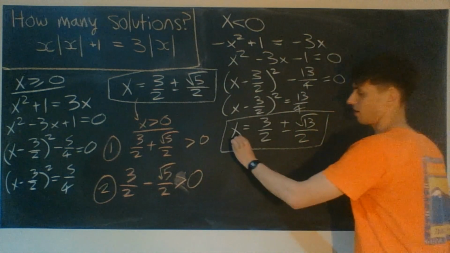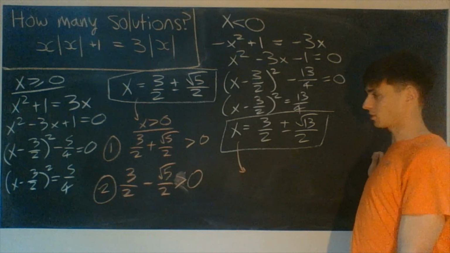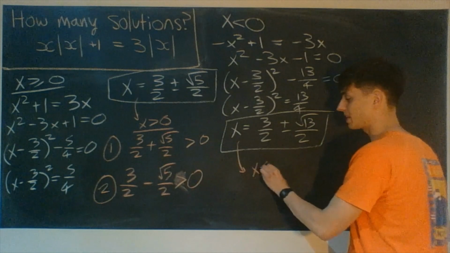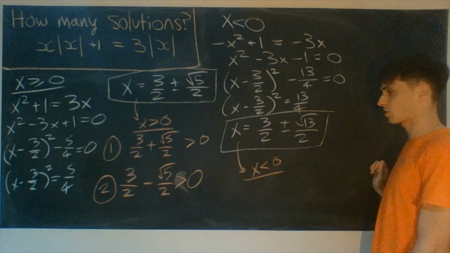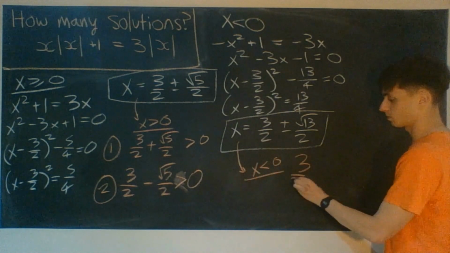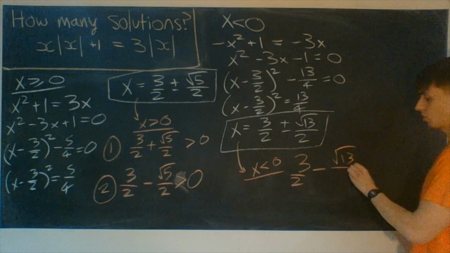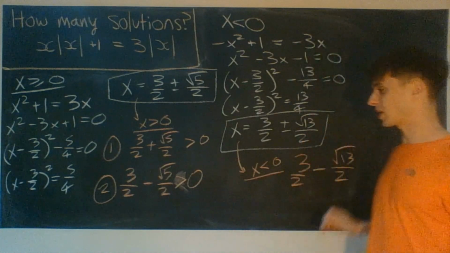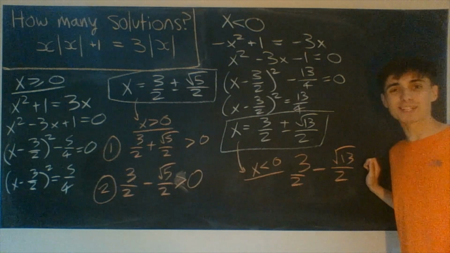Thinking over this side, something ever so slightly different happens. We would like here for x to be less than 0. First of all, when we have 3 over 2 minus root 13 over 2, root 13 is bigger than 3, because 3 is root 9 and 13 is obviously bigger than 9.